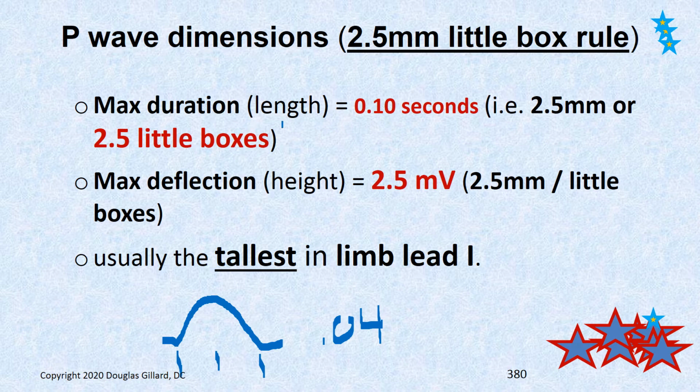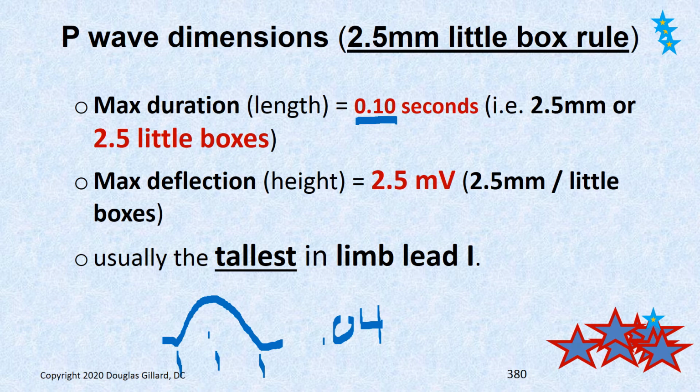But the maximum duration should never be more than 2.5 little boxes. 2.5 times 0.04 is 0.10 seconds. So the maximum duration, the length of a P wave, should be no more than 0.10 seconds.